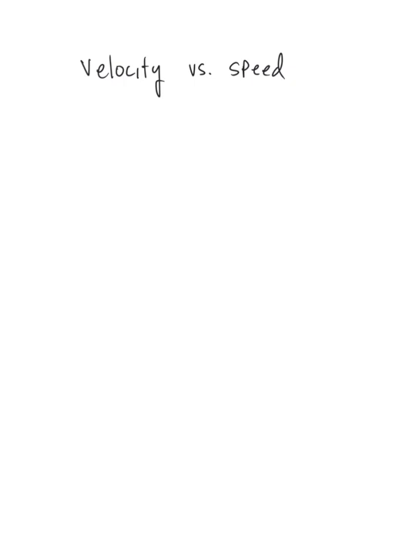Speed is probably the more familiar term to most of you. Speed is defined as the rate at which you move, or the distance divided by time. That's distance divided by time. That's a familiar term. So speed here is related to distance.